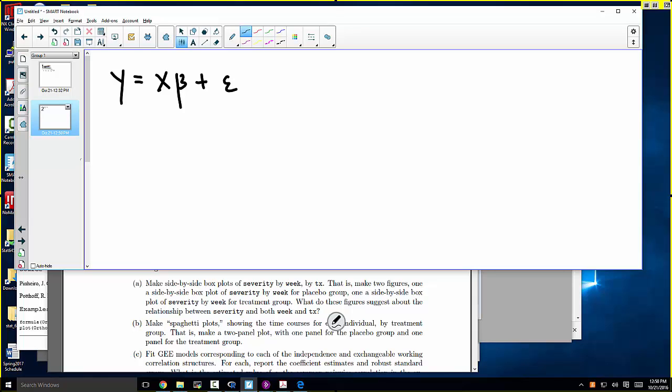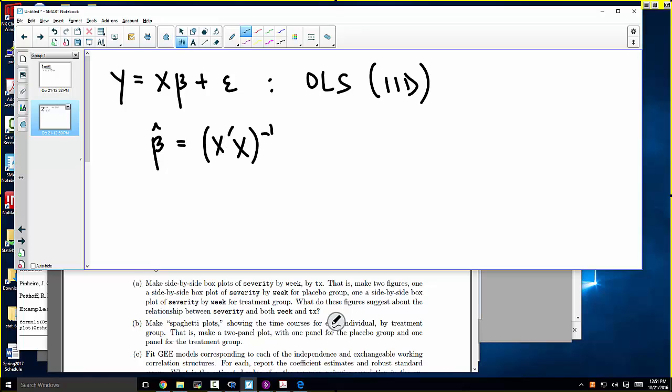In the ordinary least squares model, which for us means IID residuals, independent with constant variance, the maximum likelihood estimate is what we have seen before: X transpose X inverse, X transpose Y.